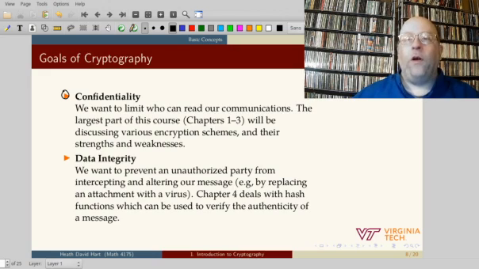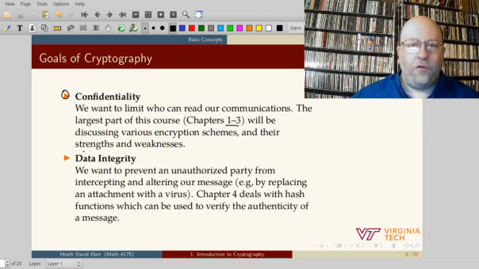We want to limit who can see it. And so we encrypt this data and restrict access to those people who have a certain password that can unlock that encryption. So that's the big part of the course. Chapters 1, 2, and 3 are going to be talking about different types of encryption schemes, their strengths, their weaknesses, some of the details of how we might implement them.